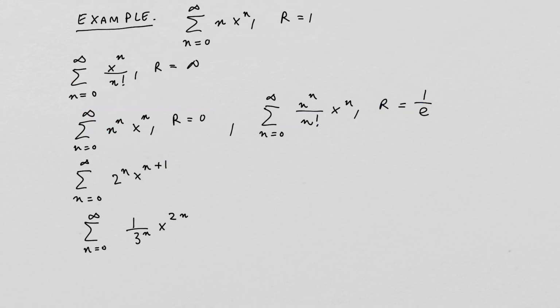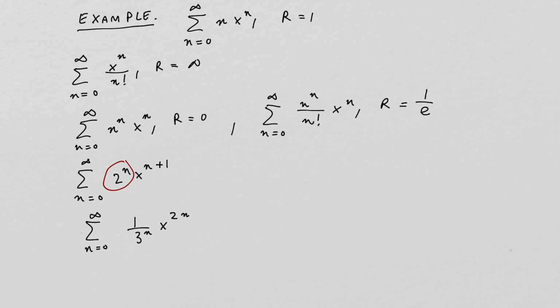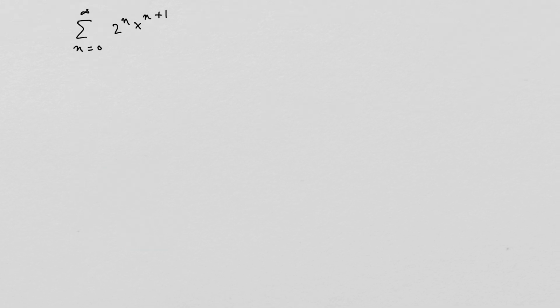Let's see still a couple of examples where a_n forms a geometric sequence. We want to study this series, but here it seems that the power of x is not standard. That's not a problem. We can write this term in the way x to power n times x, and our variable x we can just take out from the series.